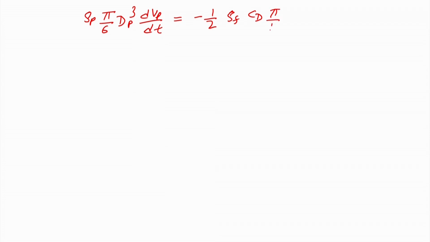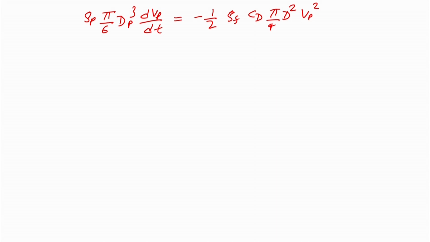Now, what we can do? We can write rho p and the volume of the particle, which will be pi by 6 d p cube, into dV p upon dt. This will be equal to minus half, rho f into C d into pi by 4 d square into V p square.